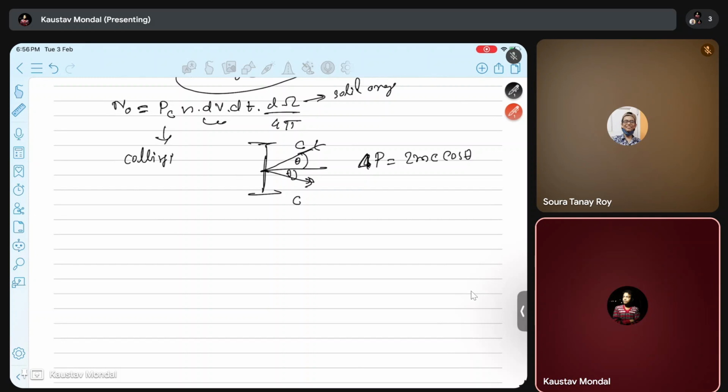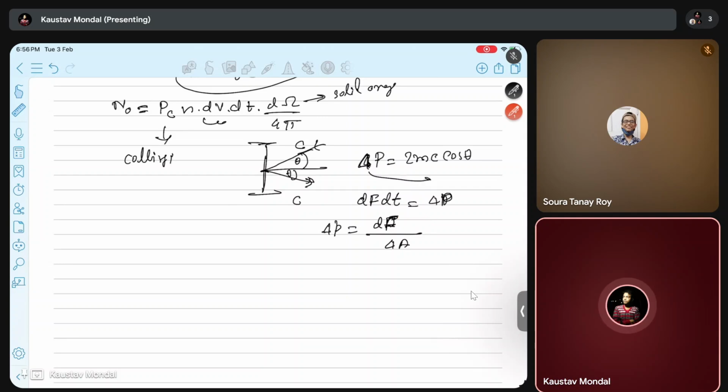We know change in momentum is the force into dt, so df dt is equal to dp.